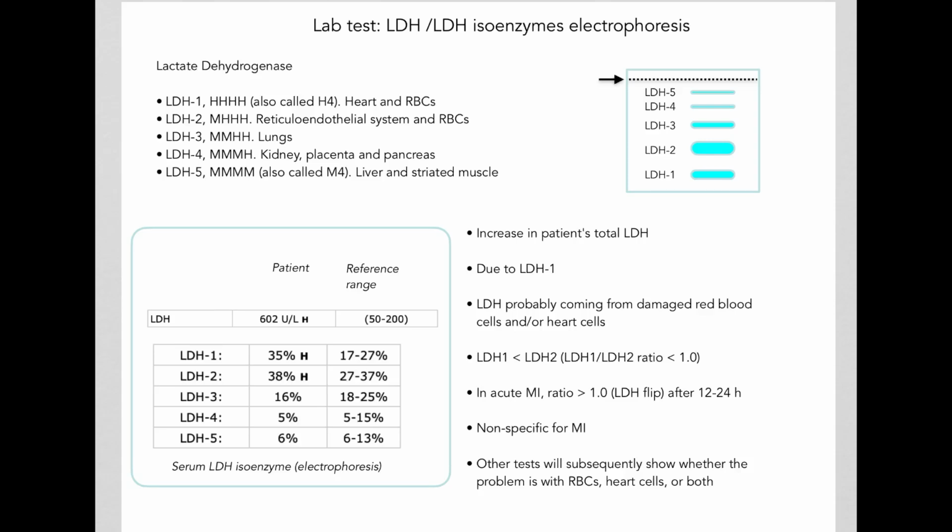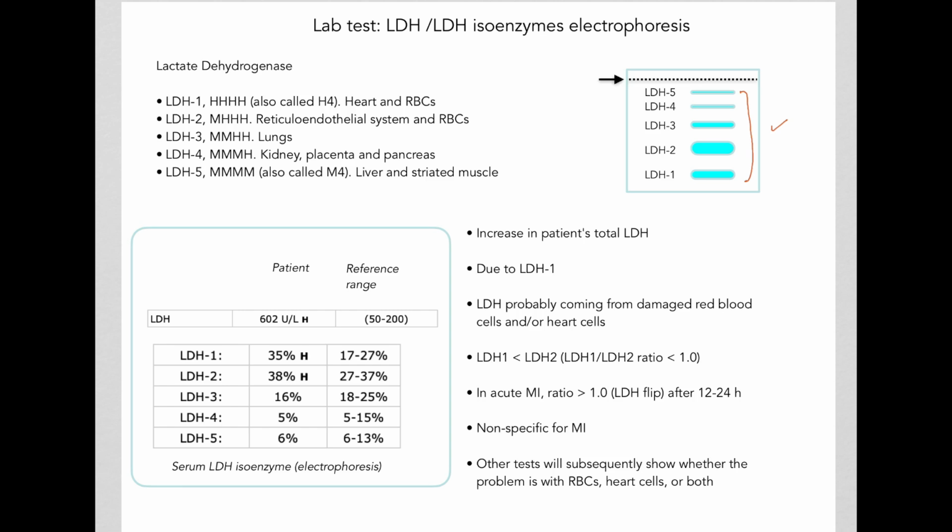So by doing an isoenzyme analysis, and typically that is done by electrophoresis, we can separate the isoenzymes of lactate dehydrogenase by using electrophoresis, or often agarose electrophoresis is what we use in the clinical setting.